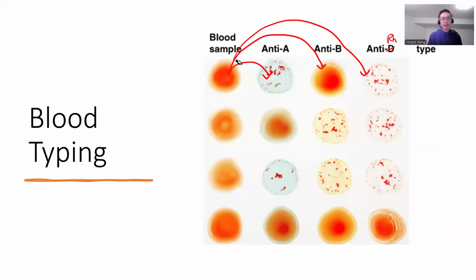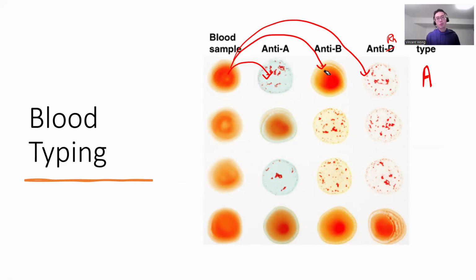So over here, because the blood sample reacted with anti-A antibodies, you can see the clumping here, the agglutination. Then I know the person has type A blood. It has A on the red blood cells because it reacted with the anti-A.